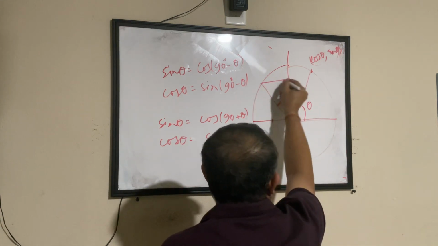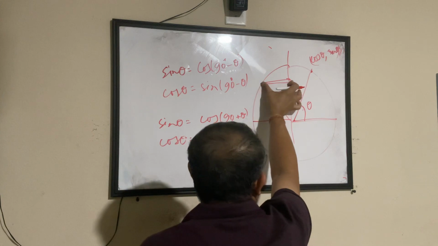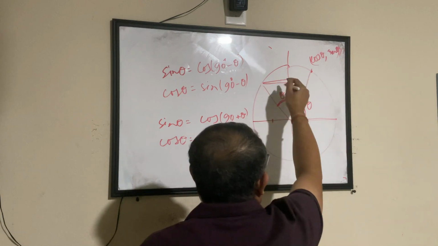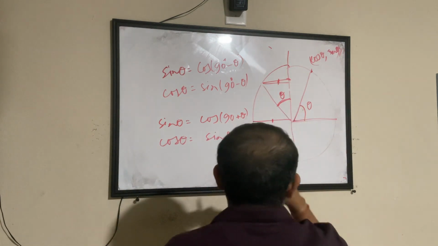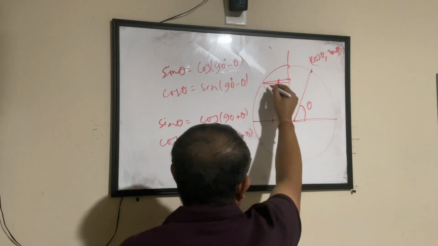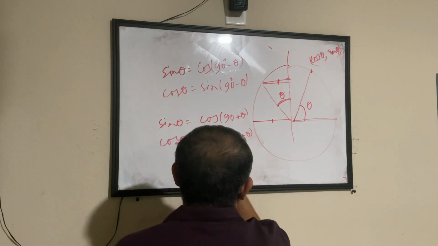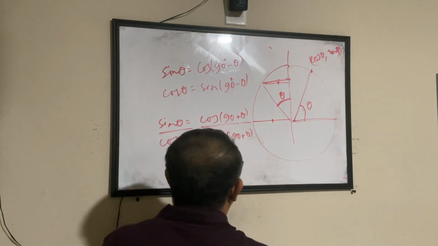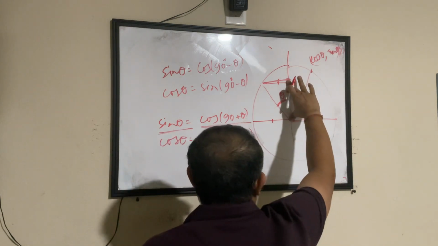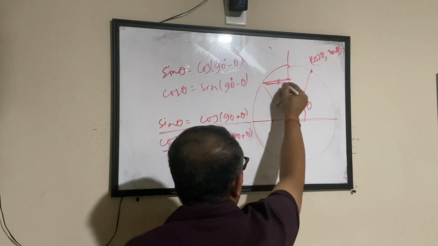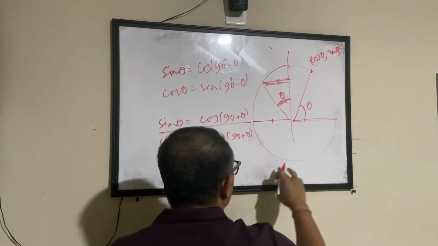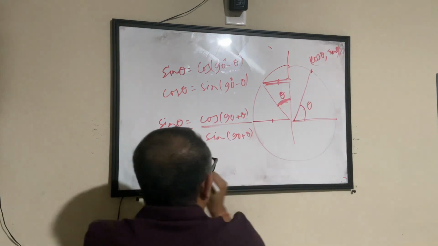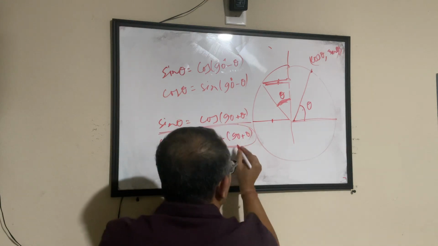Whatever is the value coming for x, which is sine theta basically, this part will be negative, and whatever is coming as your y coordinate, which is nothing but cos theta, this will be negative.